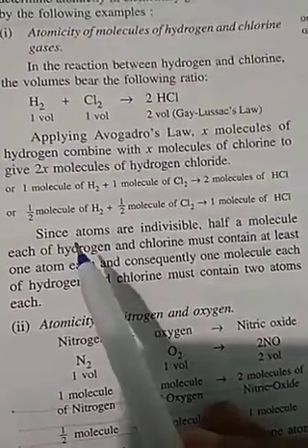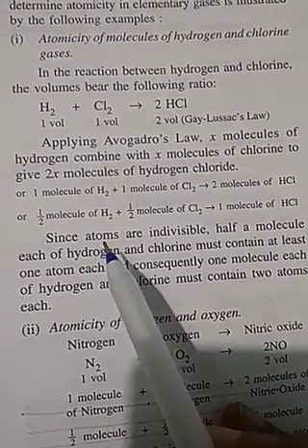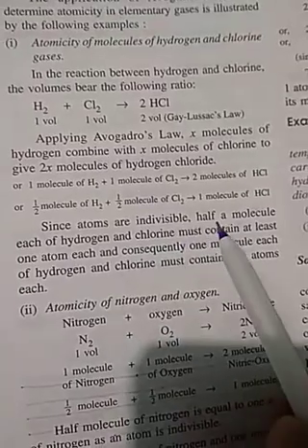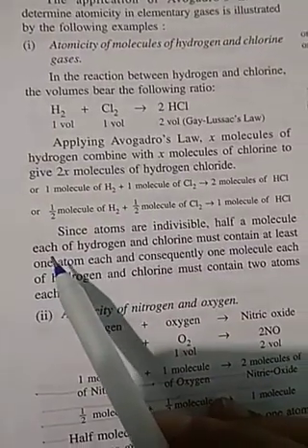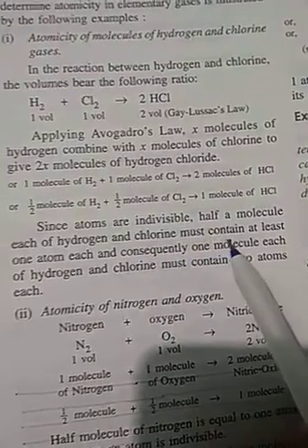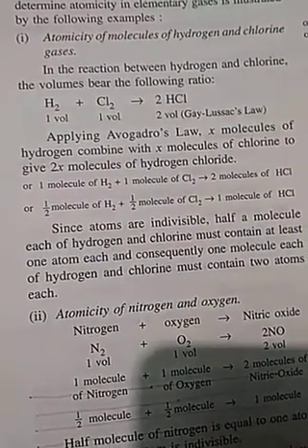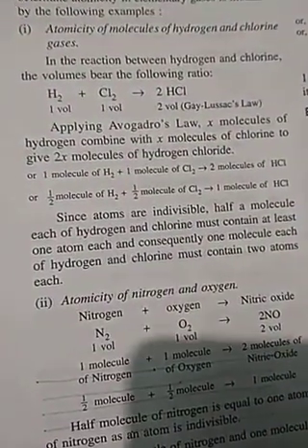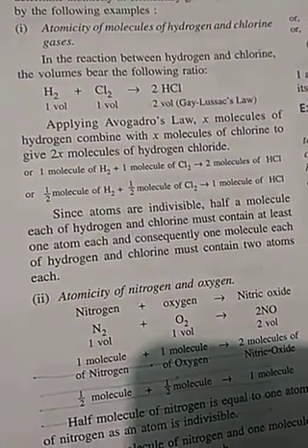Once again, we know that atoms are not divisible. Half a molecule means each of the hydrogen and chlorine must contain at least one atom each. Why? The atoms are not divisible.